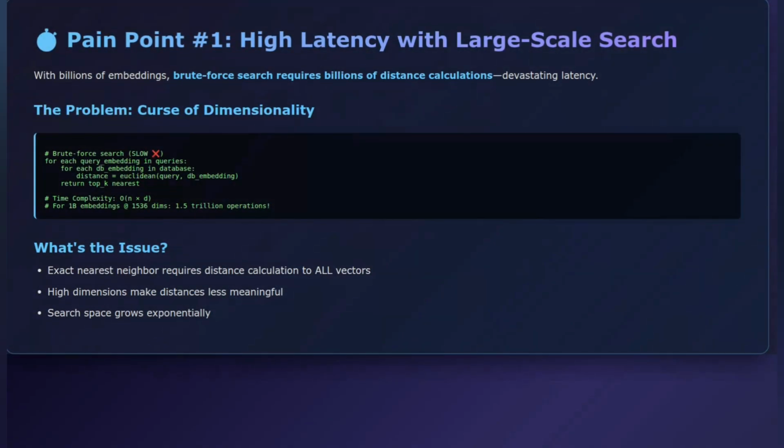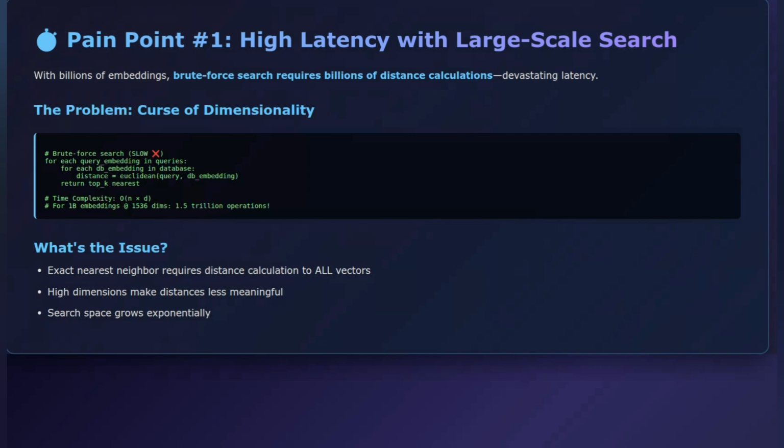All right, let's dig into the real problem: high latency with large-scale searching. Imagine you have 1 billion embeddings. Each one is a 1,536-dimensional vector. That's how many numbers OpenAI's text embedding model outputs. Now someone queries your system. Find documents similar to this. Here's what a naive engineer might do.